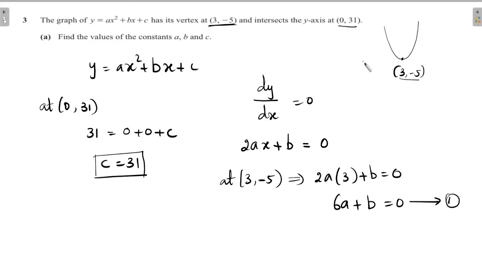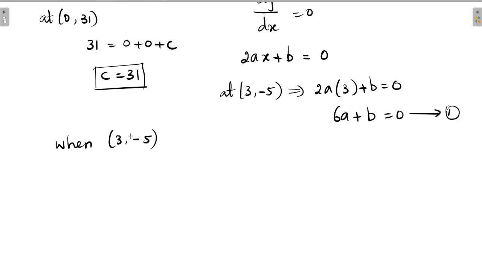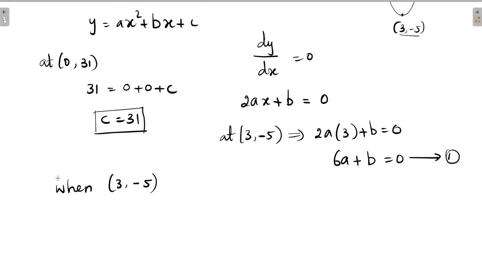Now again, the same point is on the curve itself. So when x is 3, what is y? Y equal to minus 5. So the equation of the graph gives minus 5 is equal to a into 3 square, which is 9a, plus b times 3 plus c.